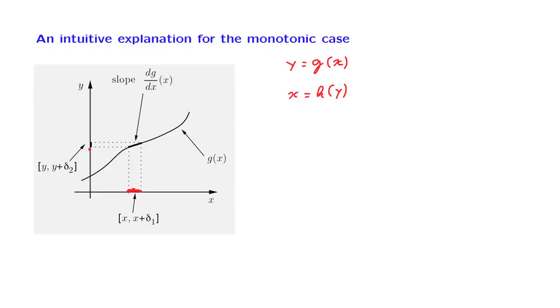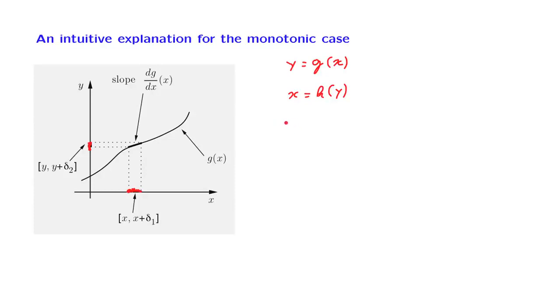Whenever x falls somewhere in this range, then y is going to fall inside another small interval. The event that x belongs here is the same as the event that y belongs there, so these two events have the same probability.